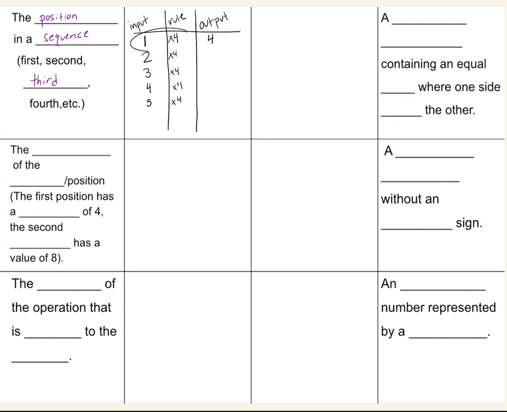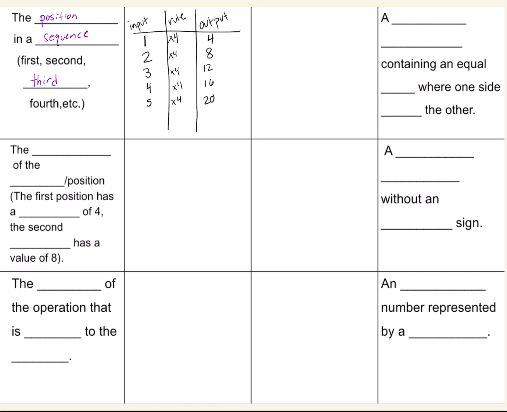Here we did 1 times 4, that was 4. Well, here we would be doing 2 times 4, and we know 2 times 4 is 8. 3 times 4 is 12. 4 times 4 is 16. And 5 times 4 is 20. Make sure you have this on your foldable as well.